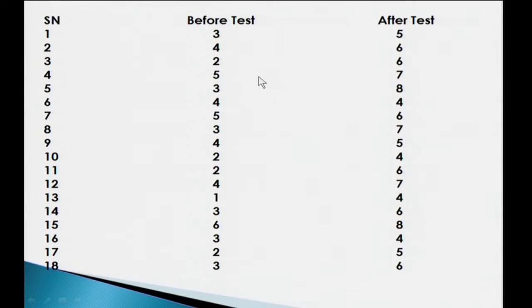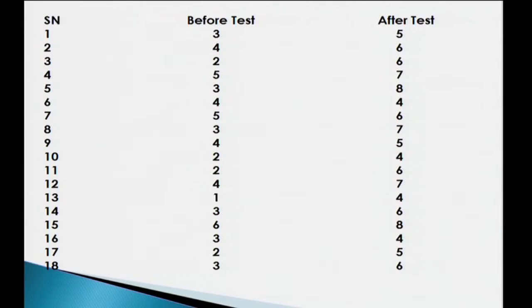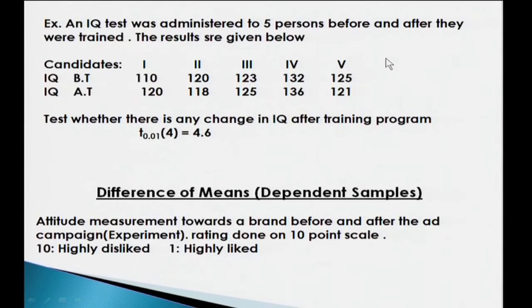That is one case. Another case can be certain consumers: you ask them today how they like your product, and then you advertise to the same consumers. When they look at the advertisement with a different brand ambassador, when they say it in the news, then after that advertisement campaign, do you think the liking has increased or not?